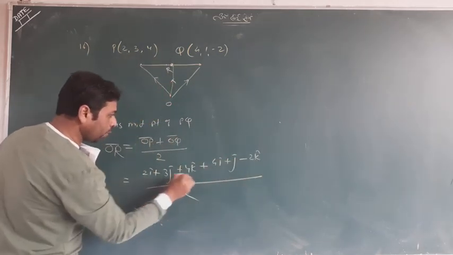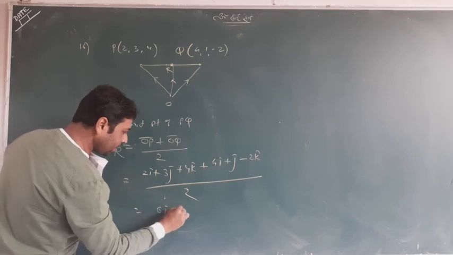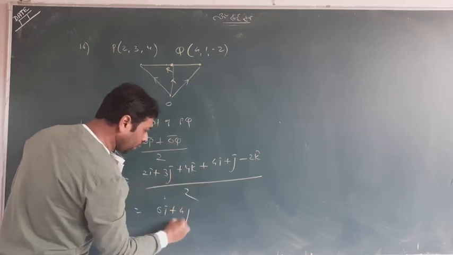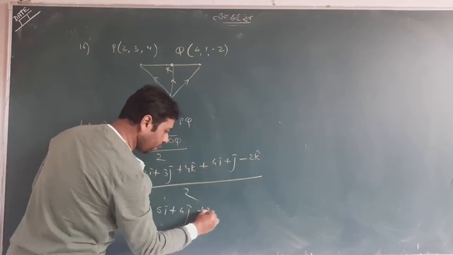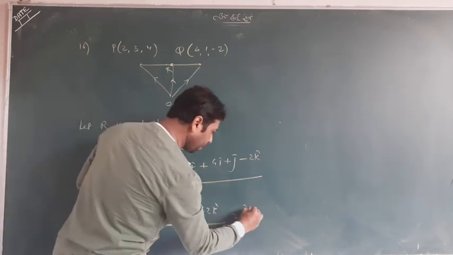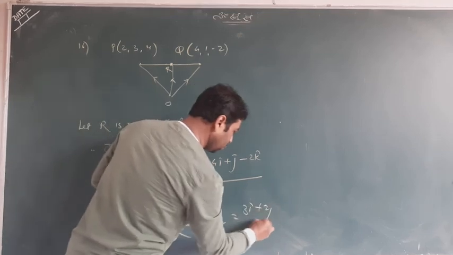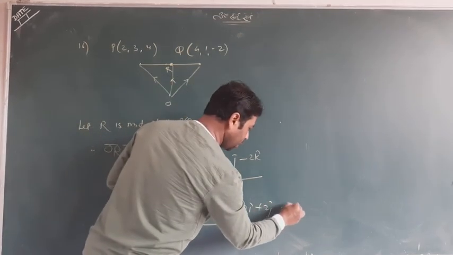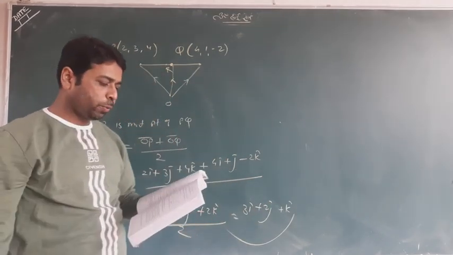So 2i and 4i make 6i, 3j and 1j make 4j, and 4k and minus 2k make 2k, upon 2. Divide by 2 in all: 3i, 2j and 1k, and that's the answer. Hope it was so simple.